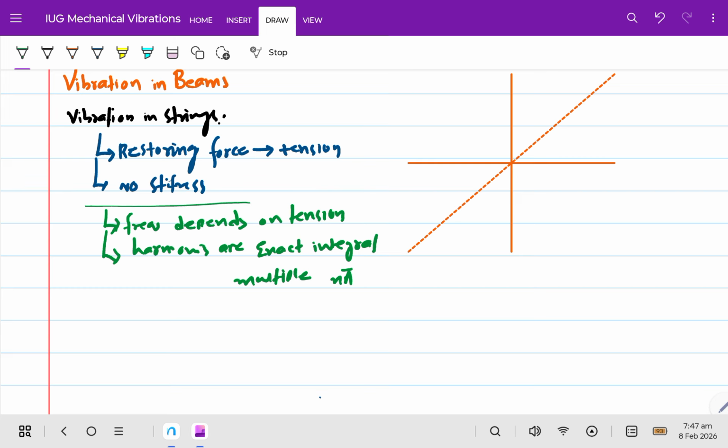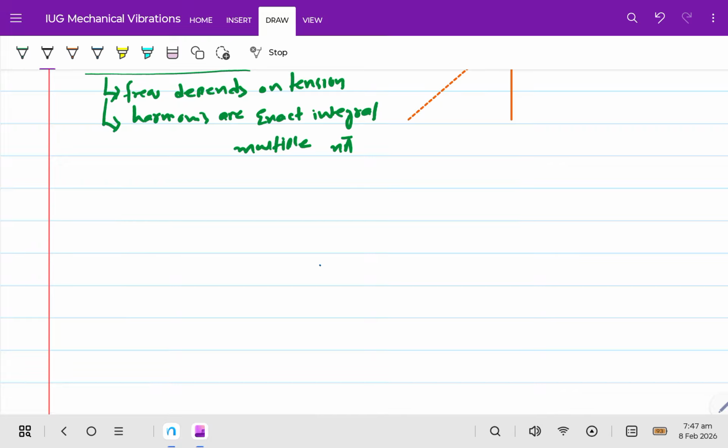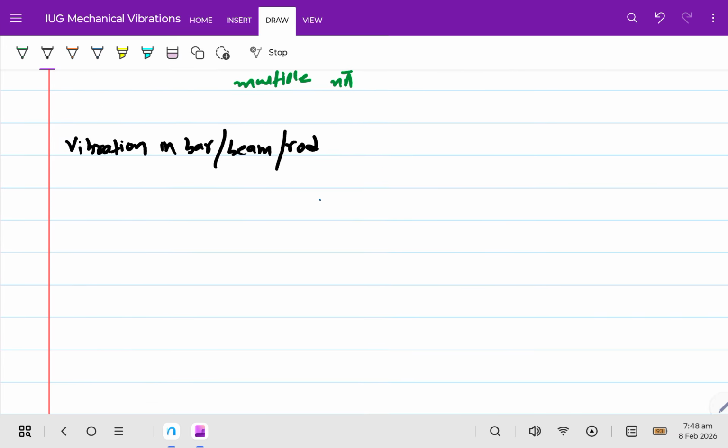theory. So unlike these strings, the vibration in bars, the fundamentals are the same, but the nature is different. Vibration in bars, or you will sometimes find vibration in beams, or somewhere you will see them classified as vibration in rods.